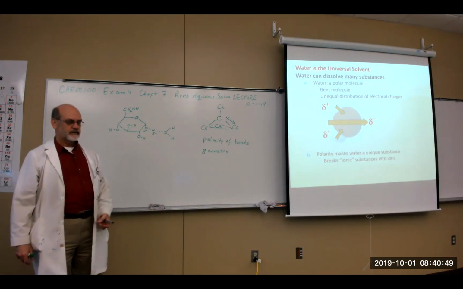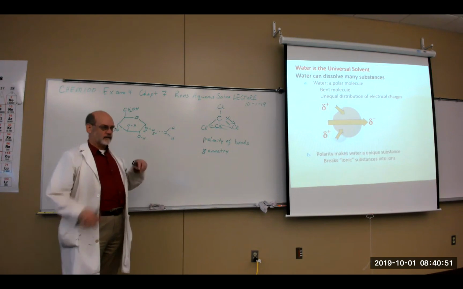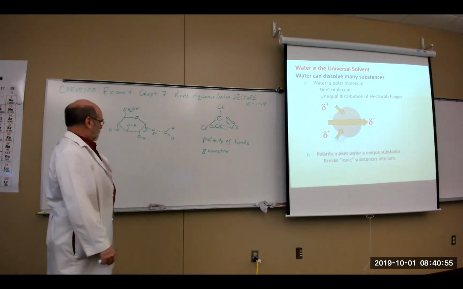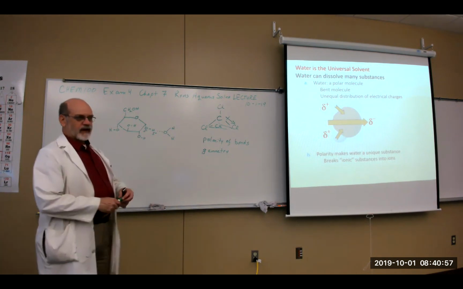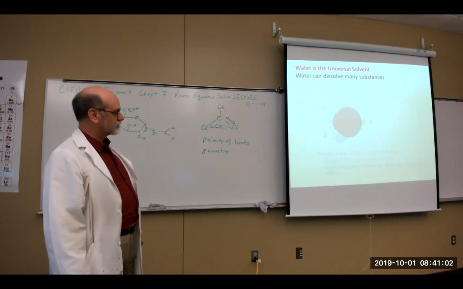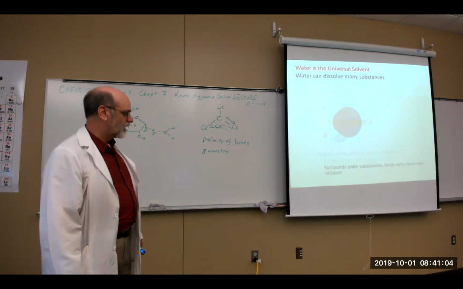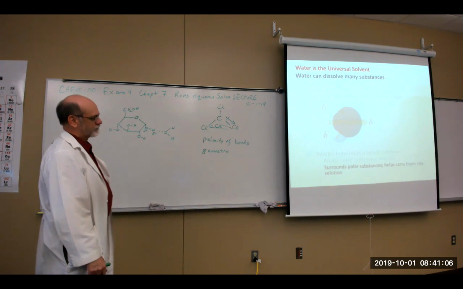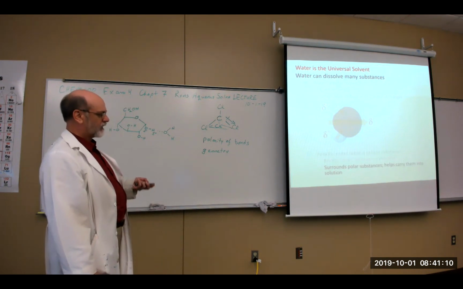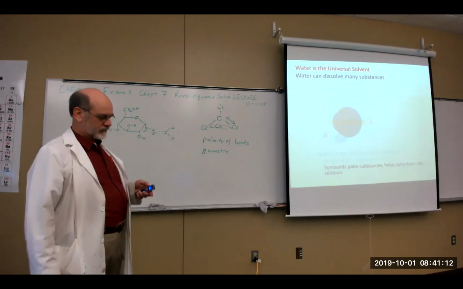It's simple. You just add a little energy, boil off the water, and you're ready to go. That's just a practical application of sugar solubility. So that's what it does. It surrounds the polar substance and pulls it into solution.